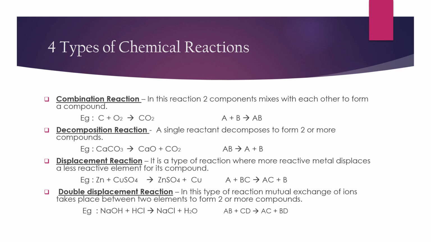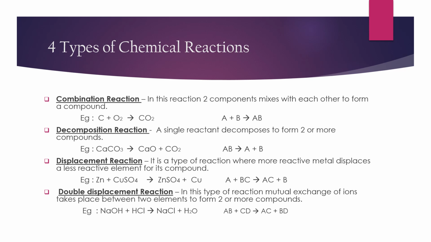The fourth type of reaction is the double displacement reaction. In this type of reaction, a mutual exchange of ions takes place between two compounds to form two or more compounds. That is NaOH, sodium hydroxide, plus HCl, hydrochloric acid. By adding these two, we get NaCl, sodium chloride, plus H2O, water. Sodium hydroxide is separated, and in HCl also hydrogen and chloride are separated.